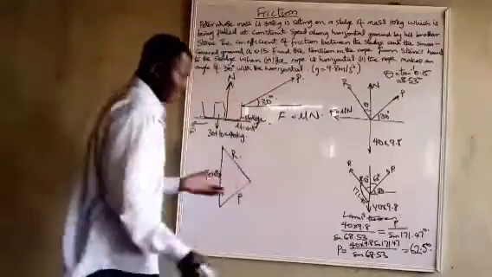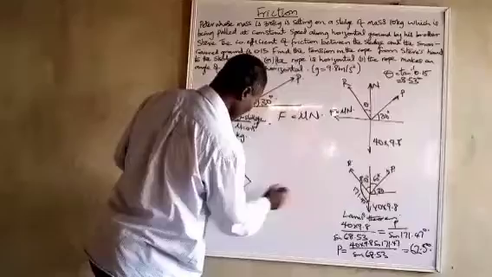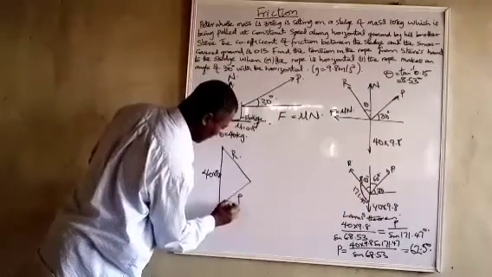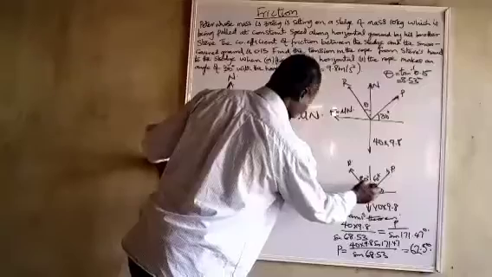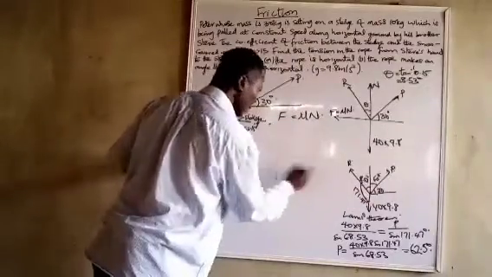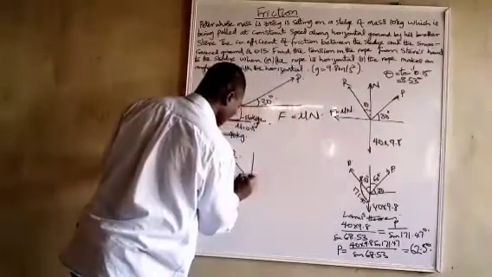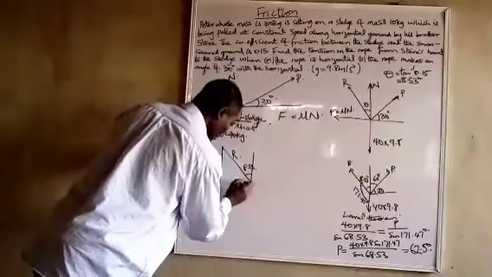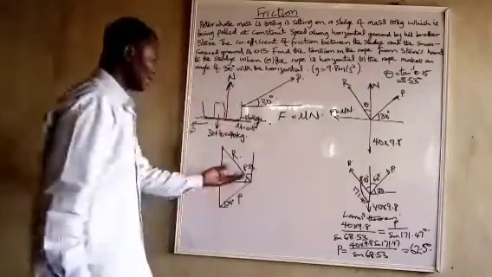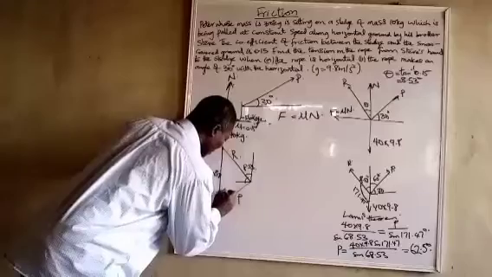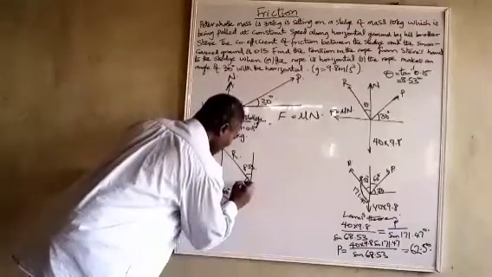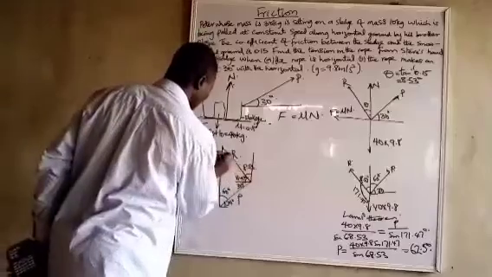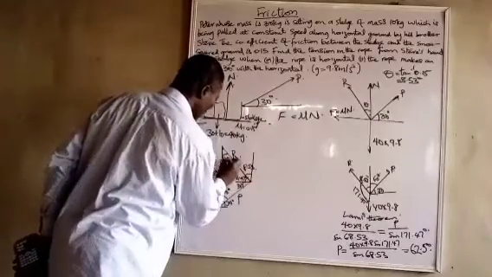You can see how easy it becomes. This P is at 30 degrees to this plane, and this one, you can see, is 8.53. So this angle is 60 degrees, I have 30 degrees here, and this angle, by alternate angles, is 8.53 degrees.